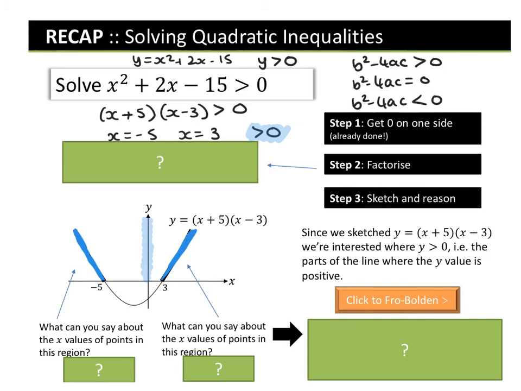So that means x has to be greater than 3. And if we have a look at the graph here, where is y positive? Well, that's when x is essentially less than minus 5, isn't it? So now I have two inequalities. x has to be greater than 3, or x has to be less than minus 5, because that is the only way where y is positive, and we want the equation to be positive.